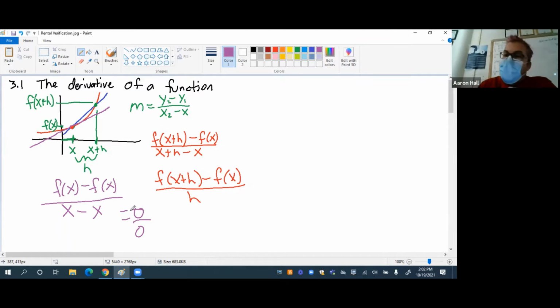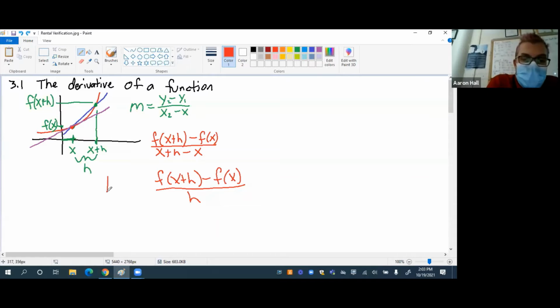Now, from our exploration of limits in this class so far, we've discovered that whenever we have an indeterminate form, we need to consider some of the tools we have for limits. This is going to become our limit as h approaches 0.